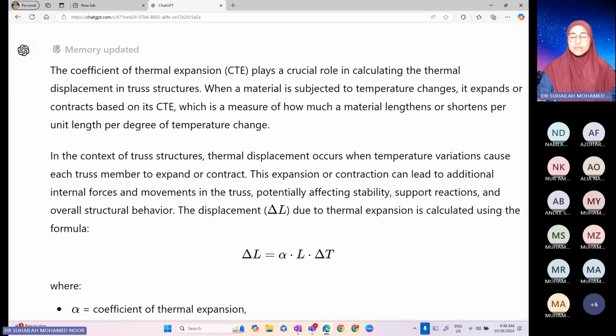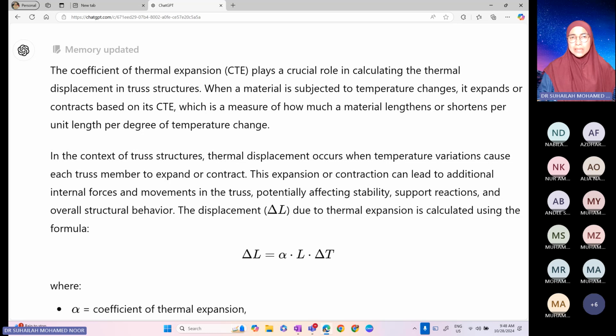So what is coefficient of thermal expansion? Okay, and why it is important? It play a crucial role in calculating the thermal displacement in truss structure. Okay, kita nampak dia punya effect tu dekat truss structure lah compared to the others. Sebab tu kalau dalam soalan-soalan final exam, kalau soalan beam, soalan frame biasanya akan ditanya tentang support settlement.